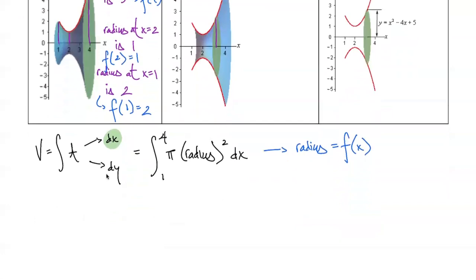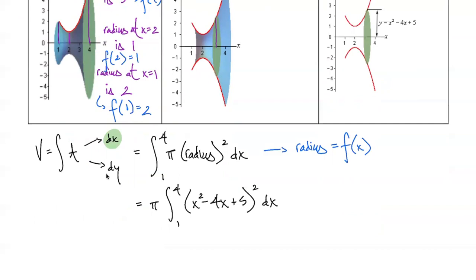And so what we do is we make that part of our equation, all right? So I'm going to bring the pi out to the front. From 1 to 4, the radius is going to be x squared minus 4x plus 5, squared, dx.